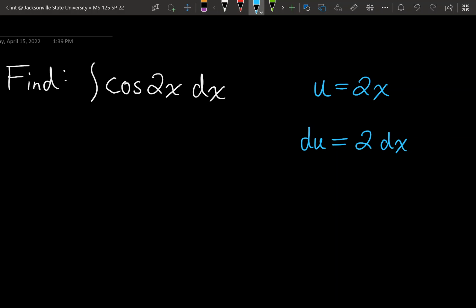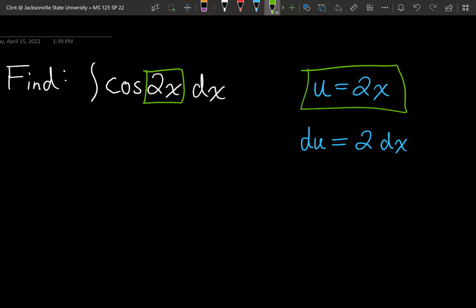So this one we got just a little bit of adjustment to make on the du because so far, u is 2x, so that's this part. The part that we have left over, cosine of u we can handle. The part that we have left over is just the dx. But over here we end up with 2dx.